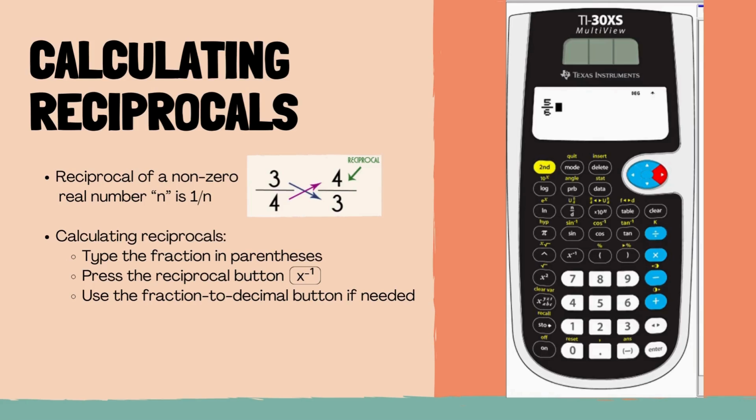I'm going to type that in, and then I'm going to press enter, and that gives me 6 over 5. And knowing what we now know, we know that this is indeed the reciprocal of 5 over 6. And if I wanted to get the decimal number for this, I would simply use either method that we just learned about, and I would get 1.2.